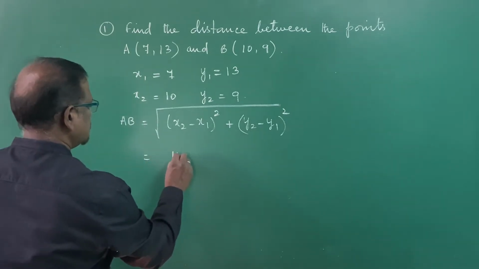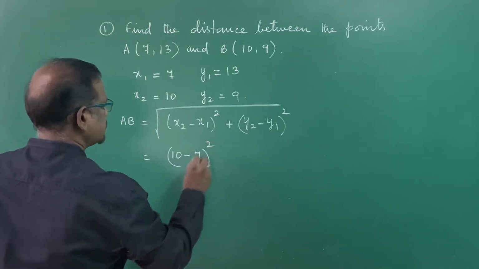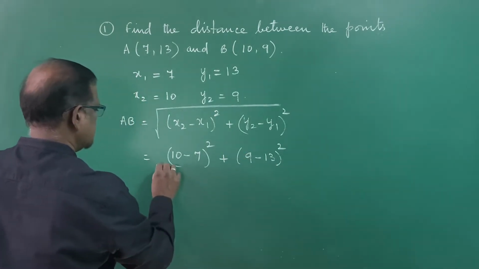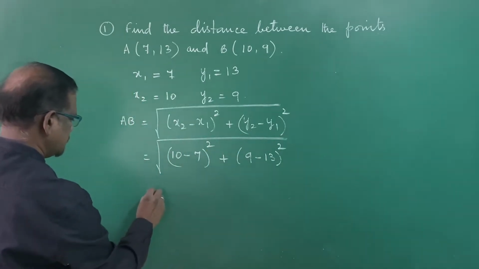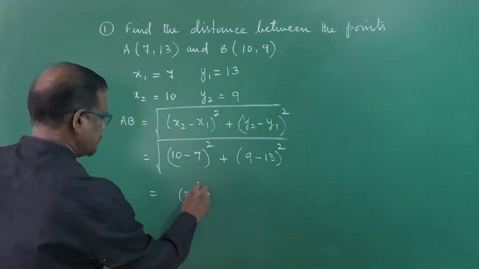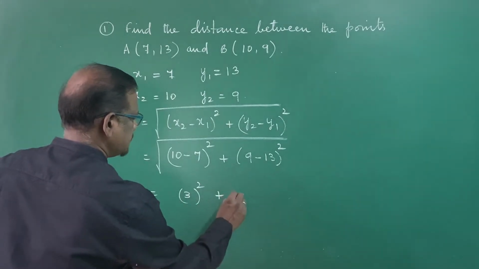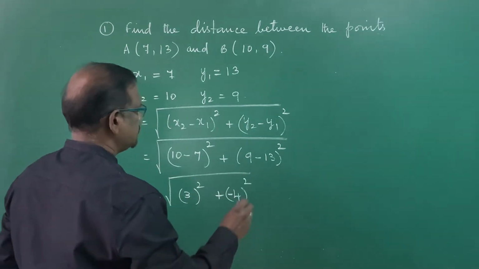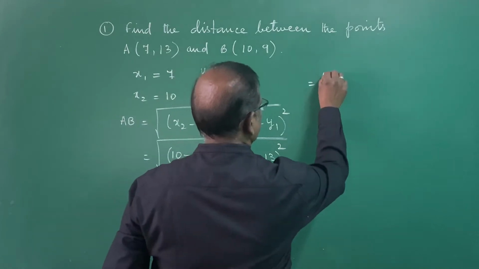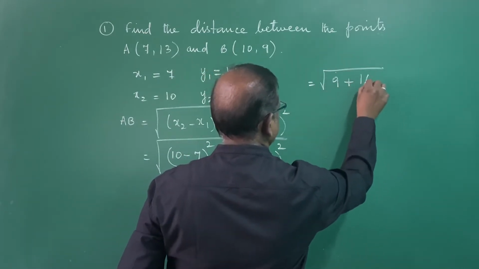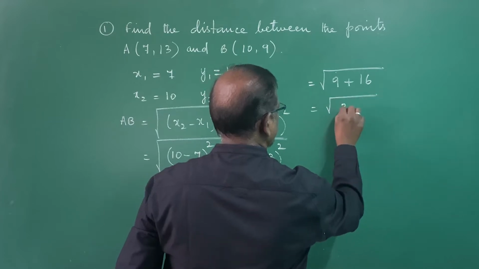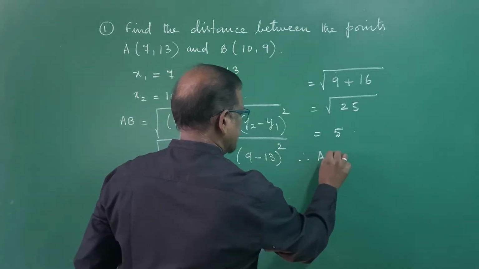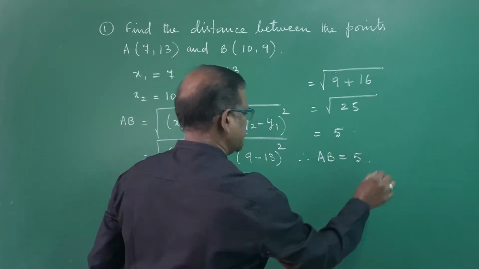That is equal to square root of 10 minus 7 whole square plus 9 minus 13 whole square, so that is equal to square root of 3 whole square plus minus 4 whole square. That is equal to square root of 9 plus 16, which is square root of 25, and that is 5. Therefore, AB is equal to 5.